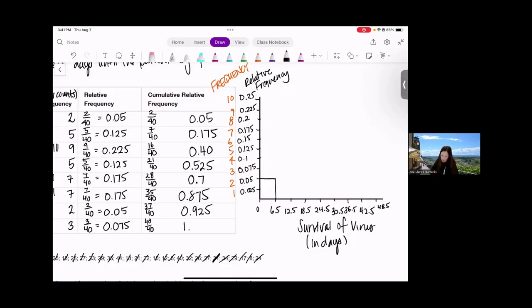The next group was 5 out of 40. The next group was 9 out of 40. And then 5 out of 40 again, then 7 out of 40, then 7 out of 40 again, then 2 out of 40, and then 3 out of 40.